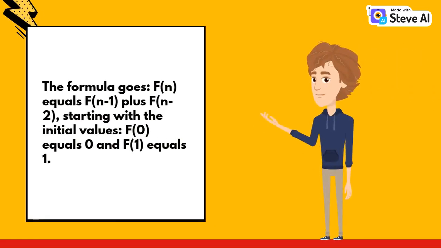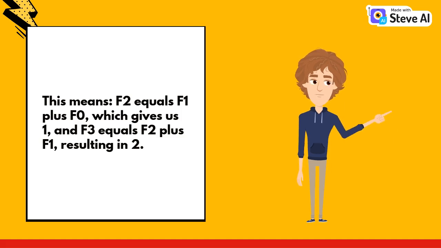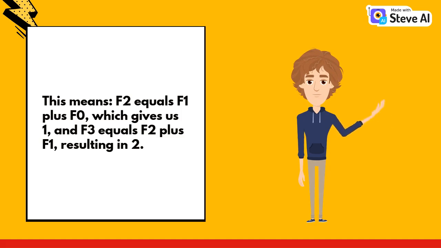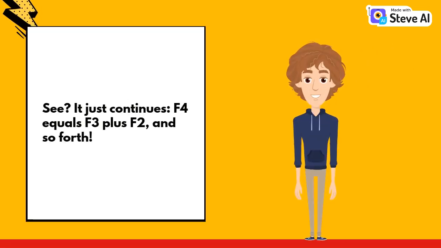The formula goes, F(n) equals F(n-1) plus F(n-2), starting with the initial values, F(0) equals 0 and F(1) equals 1. This means F(2) equals F(1) plus F(0), which gives us 1, and F(3) equals F(2) plus F(1), resulting in 2. See, it just continues, F(4) equals F(3) plus F(2) and so forth.